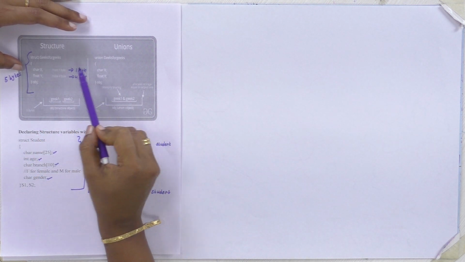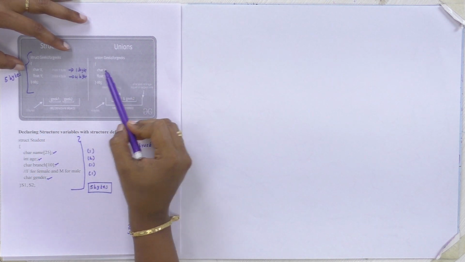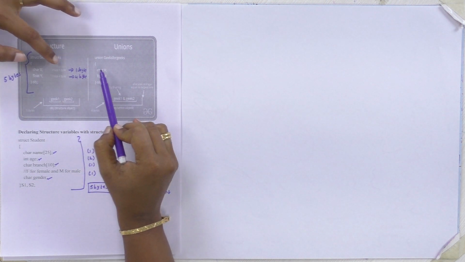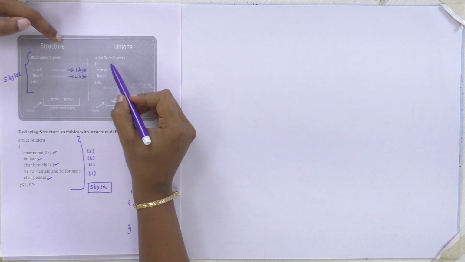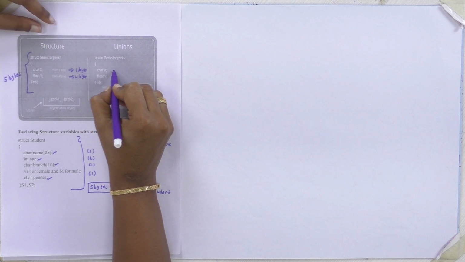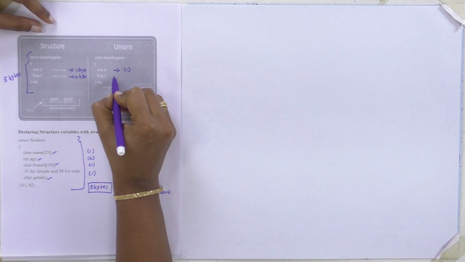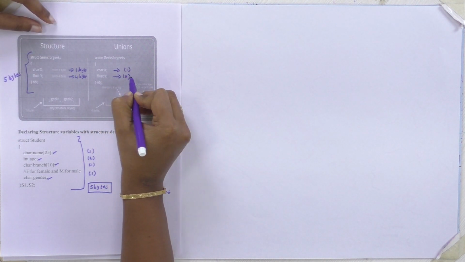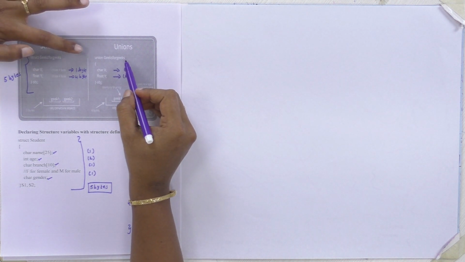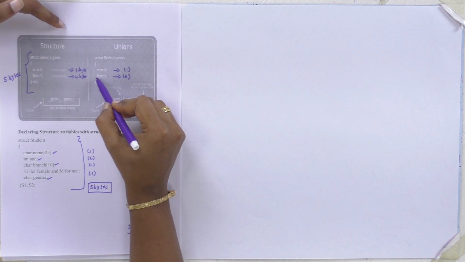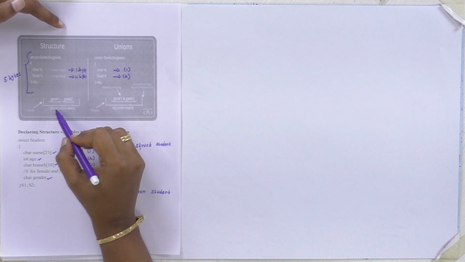In the same concept in union, the main difference is memory sharing. Let me take the same data types. Here it will take 1 byte and here it will take 4 bytes. When you are using structure, the same data types occupy 5 bytes.